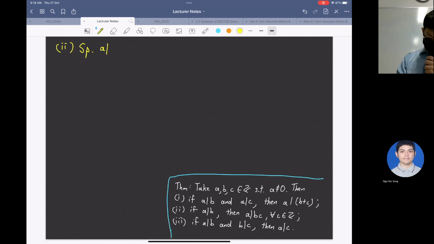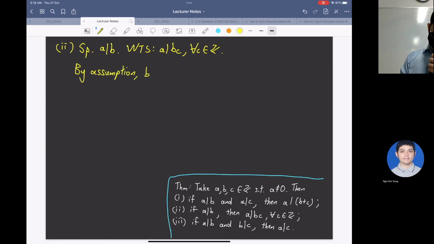Suppose that A divides B. I want to show that A divides BC for all C in Z. By assumption, you just use the definition you have. B is equal to what? A times some integer, right?